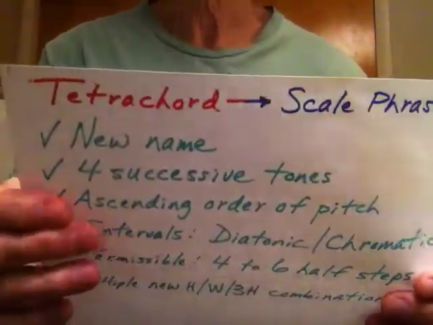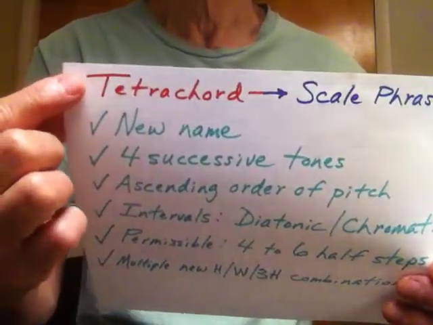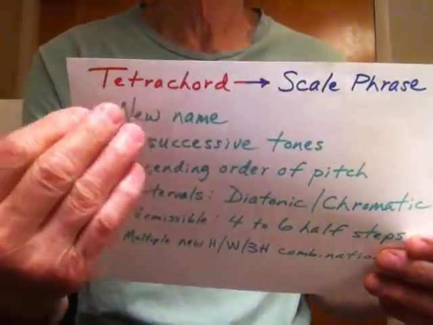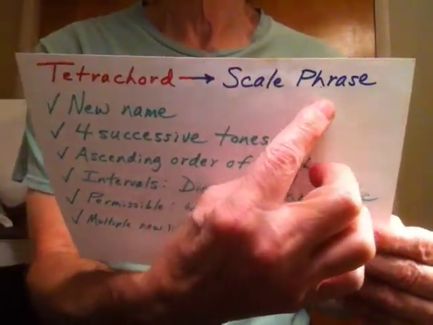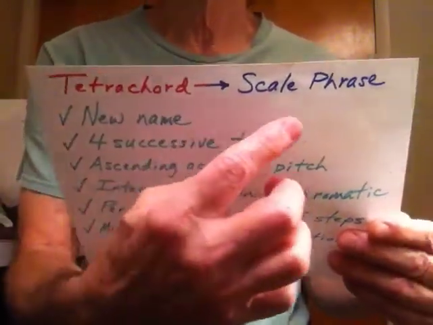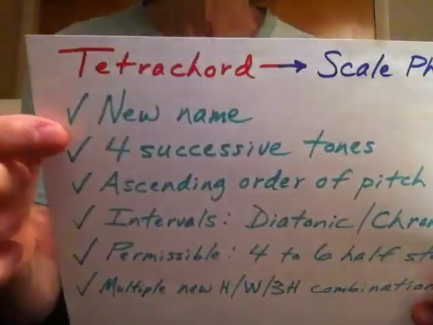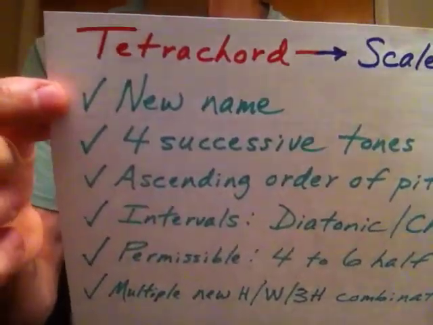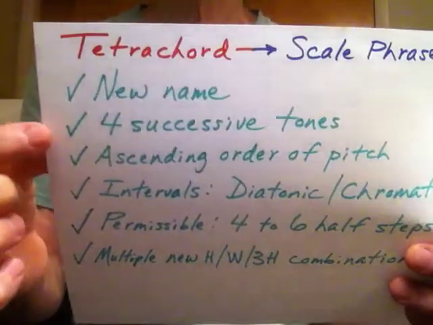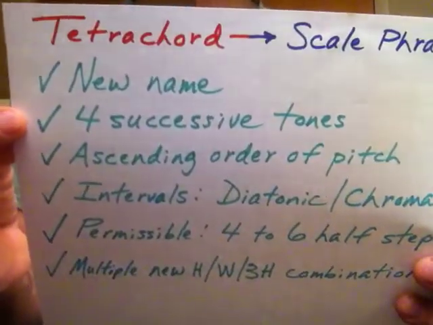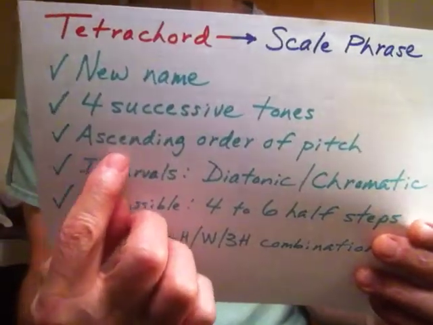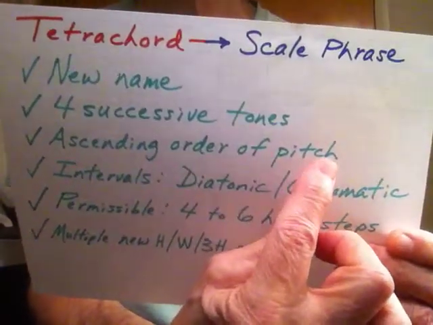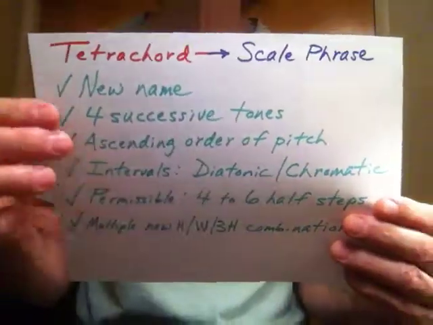So here in the present day, I took the tetrachord and I processed it and I turned it into the scale phrase. The scale phrase is similar to the tetrachord, but there are some differences. First of all, there's a fresh new name, and we still have the 4 successive tones, and we like the Middle Age concept of the ascending order of pitch for our demonstrations.